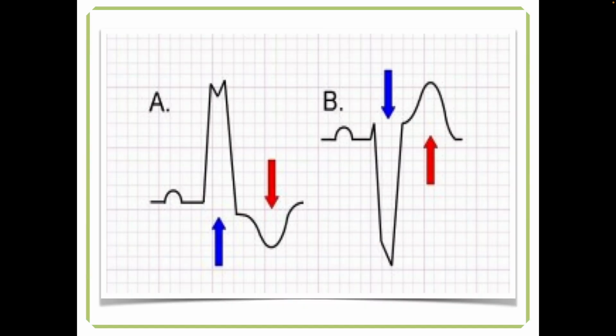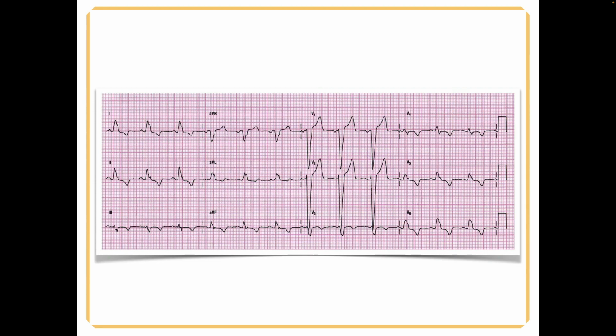So again, here's appropriate discordance. This goes up, this goes down, this goes down, this goes up. I'm not going to make you go through it, but if you scan through, you can see nearly everywhere. This one is a little equivocal, but nearly everywhere else you see appropriate discordance.